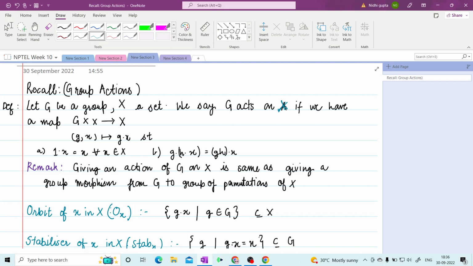First, the identity of x is equal to x, that is, the identity transformation makes no changes to x. And secondly, g dot (h dot x) should be the same as (gh) dot x.